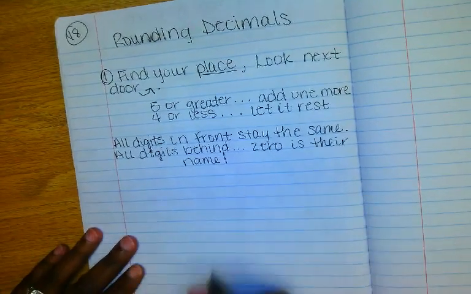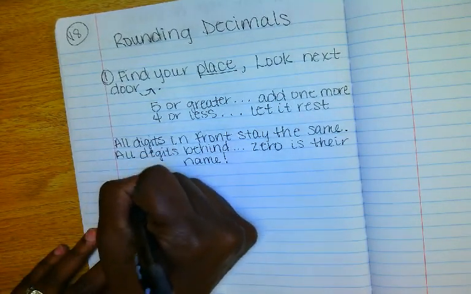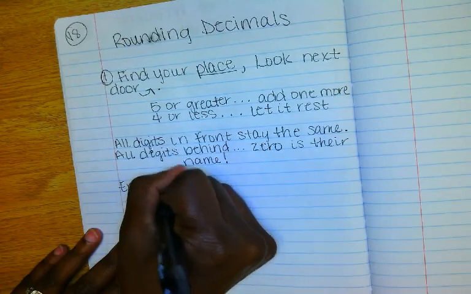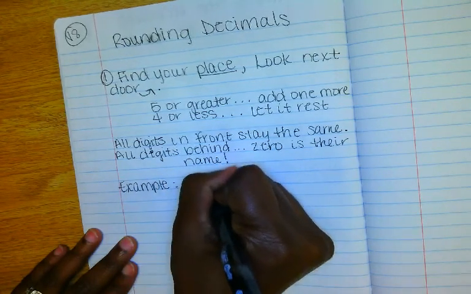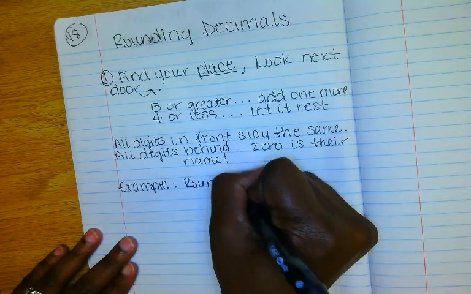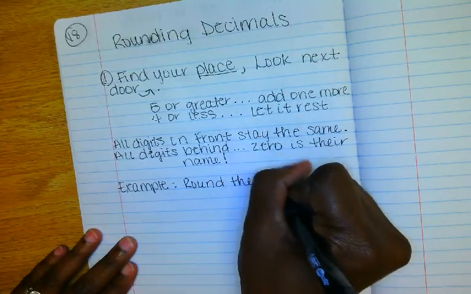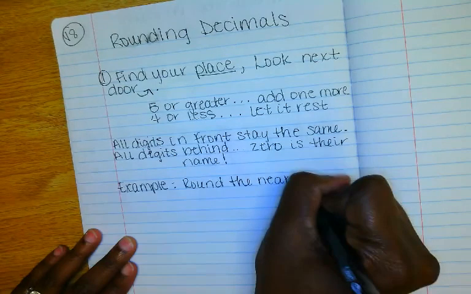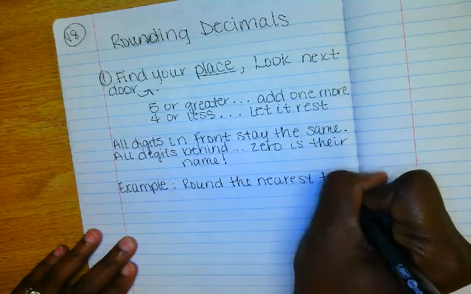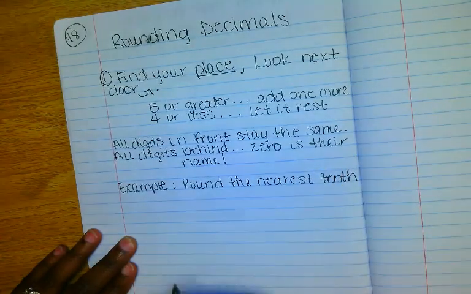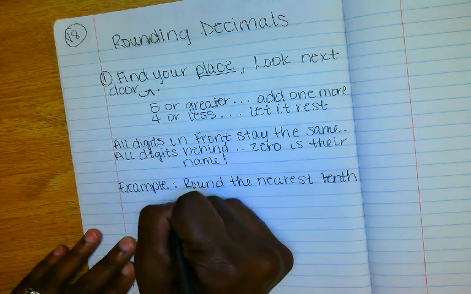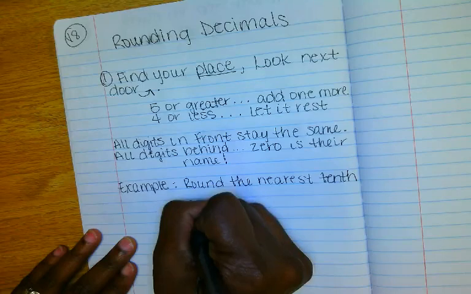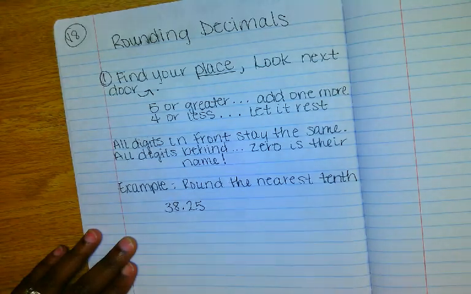So let's practice that. For example, we are going to round to the nearest 10. We're going to be rounding 38 and 25 hundredths.